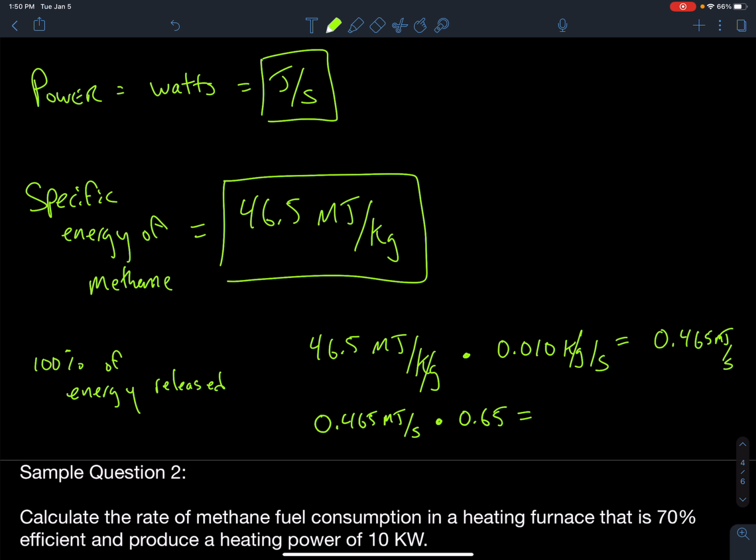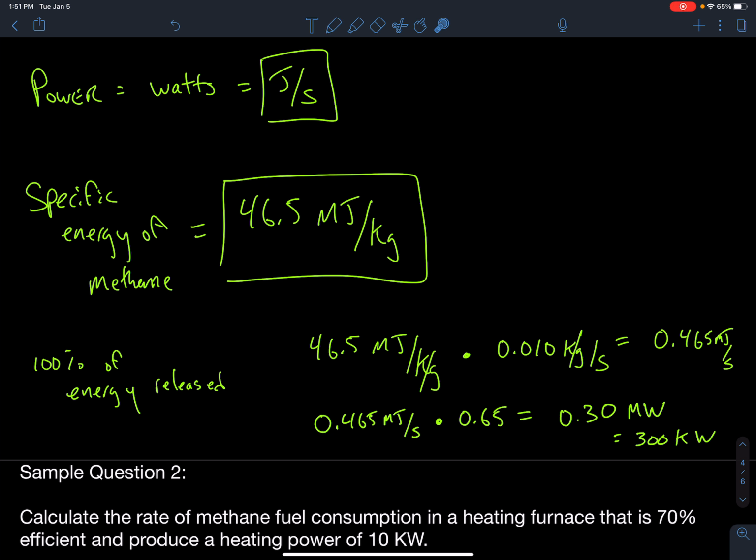So 0.465 times 0.65 gives me 0.30 megawatts, okay, because a megajoule per second. So 0.30 megawatts, or 300 kilowatts. Okay, another way of saying that is 300 kilowatts of heat energy.